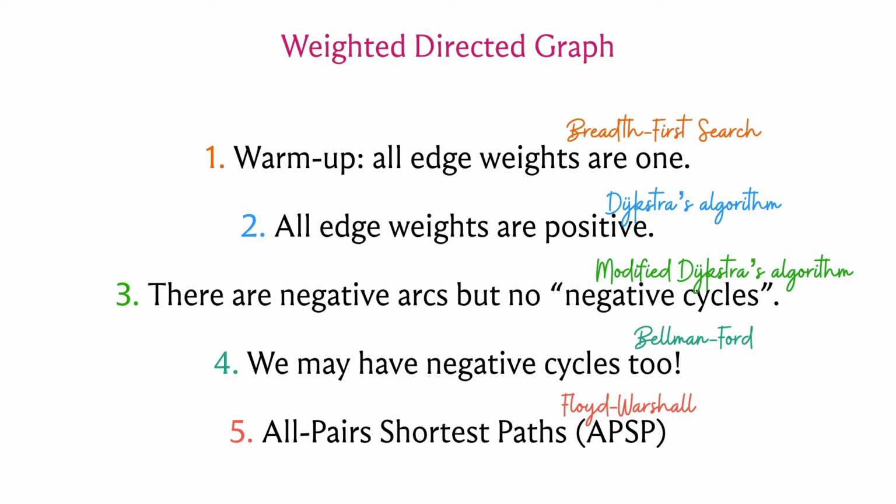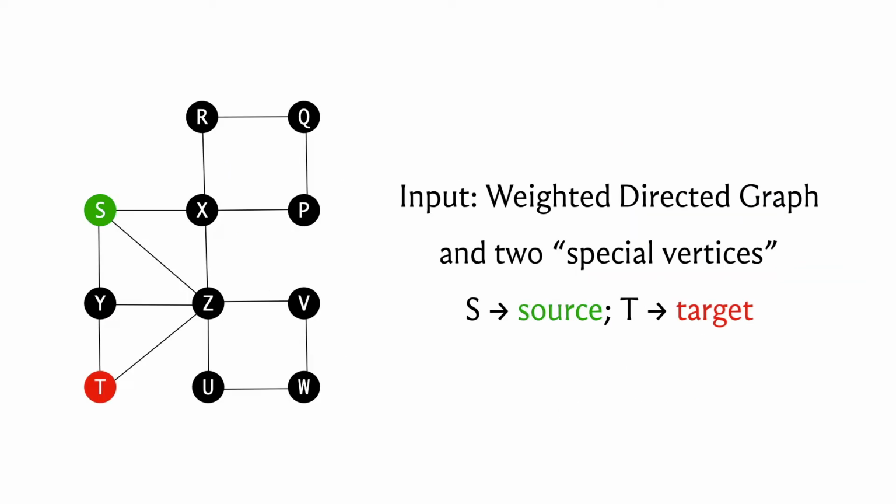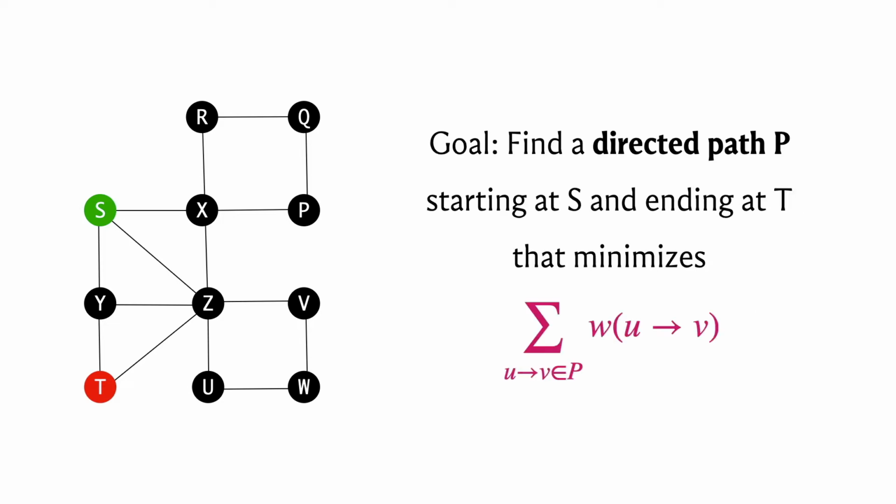Now let's get started with the first case, and let me begin by recapping the definitions. As we said, we will be working with weighted directed graphs. Typically, you might imagine that you've been given 2 vertices, which we will usually refer to as the source and the target, and you're trying to figure out what is the path that connects the source to the target that has the cheapest cost.